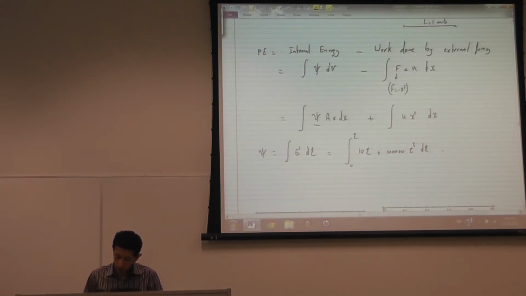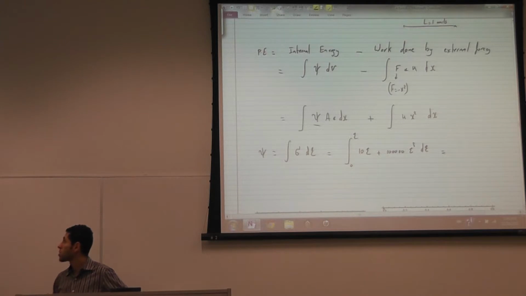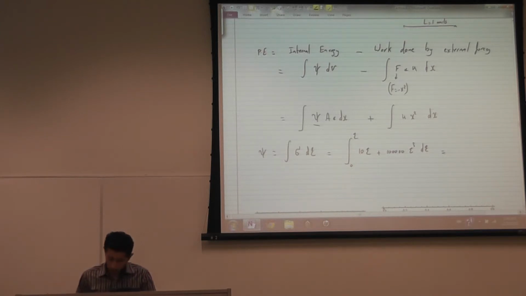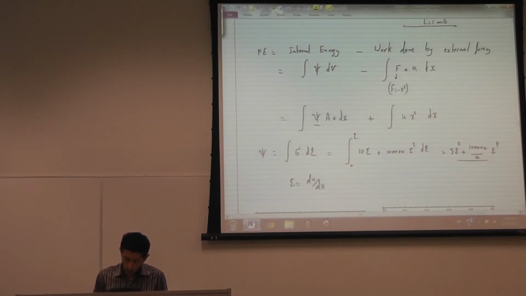So the strain energy that will give me this relationship between the stress and the strain looks like this: 5 epsilon squared plus the higher-order term. This is the strain energy that I'm going to use, and epsilon is equal to du by dx.